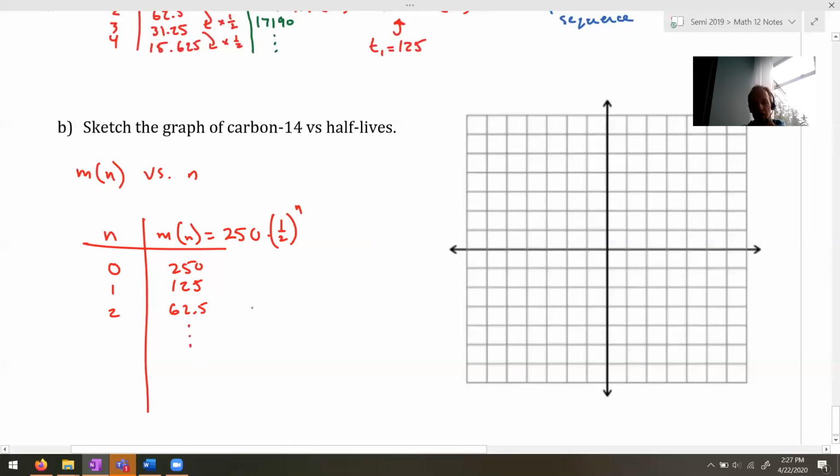So what's going to happen here? This is one situation where we've actually had a little bit of alteration to our parent function. Remember, this is a vertical expansion. So our key point here is not actually going to be at 0, 1 anymore. Let's call this 100, 200, 300. We're actually going to be shifting that up to 250.